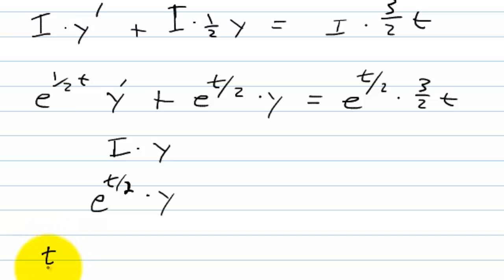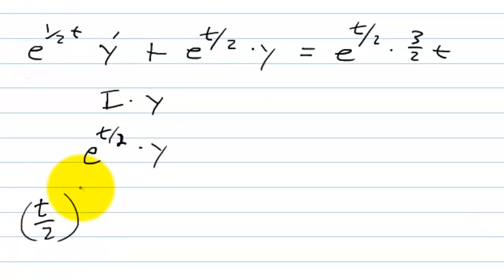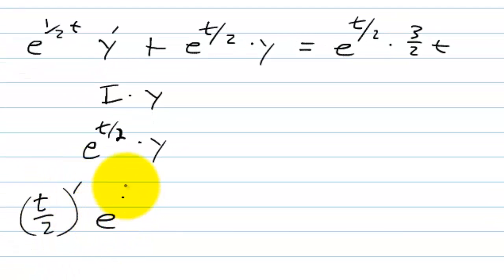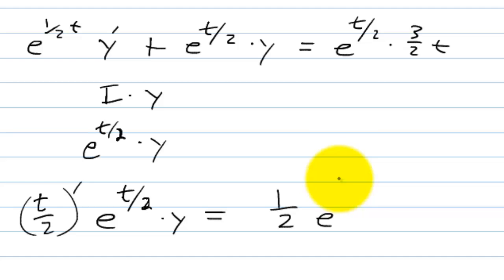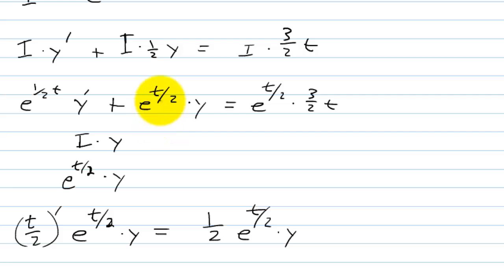You're going to get e to the t divided by 2, and you need to take the derivative of the exponent, times y. If you take the derivative of this, that's going to be equal to 1/2 e to the t divided by 2 times y. Now we should get this. Oh, we don't get that actually.